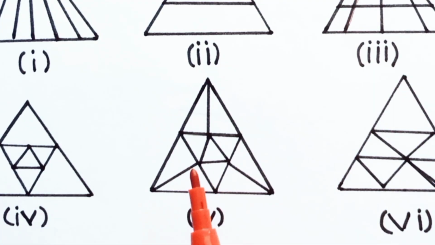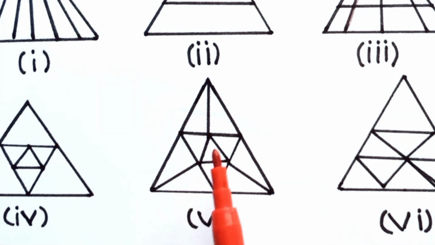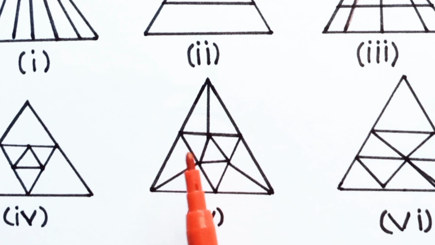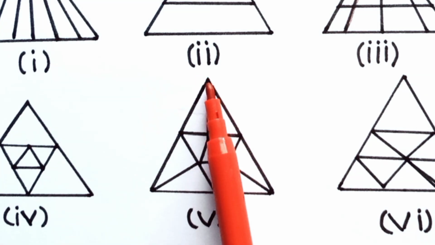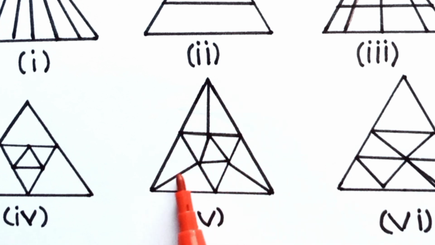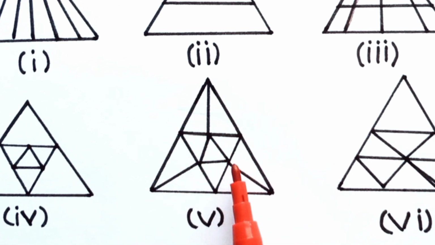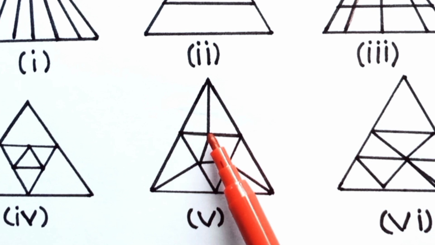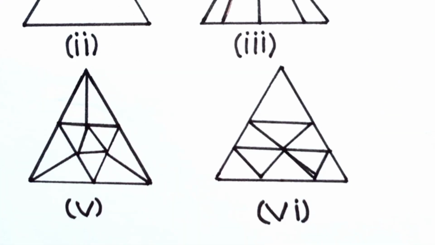In type 5, we are going to count the number of triangles when a triangle has an inner triangle which is touching all the edges of the outer triangle and also has lines coming from each vertex of the outer triangle, and the lines are touching the edges of the inner triangle.